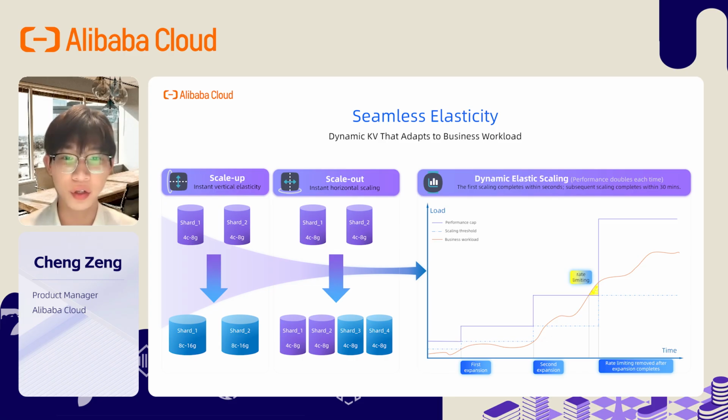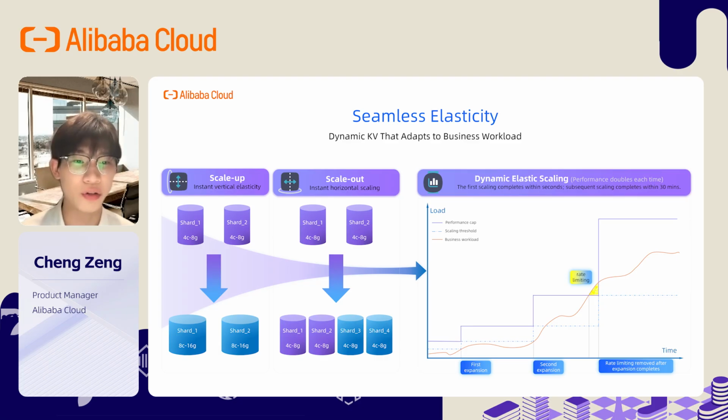Among all features of Tair Serverless KV, one that deserves special emphasis is its elasticity capability, which includes both vertical scaling and horizontal scaling. In short, vertical scaling means when a shard's computing capacity is no longer enough, the system automatically increases CPU and memory to boost performance.